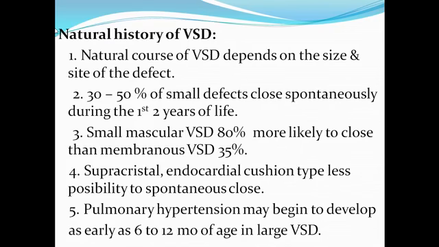Pulmonary hypertension may begin to develop as early as 6 to 12 months of age in large VSD. So when a large VSD occurs, there is a chance to develop pulmonary hypertension within 6 to 12 months of age. Okay.